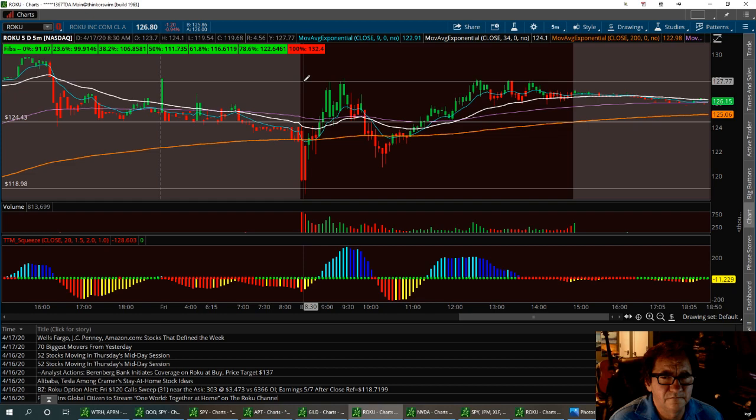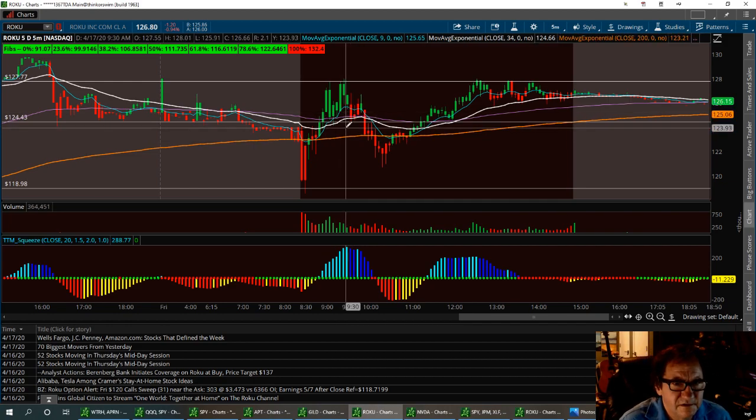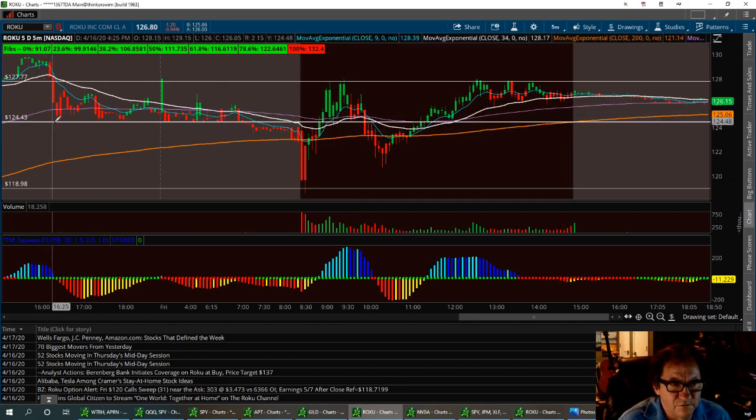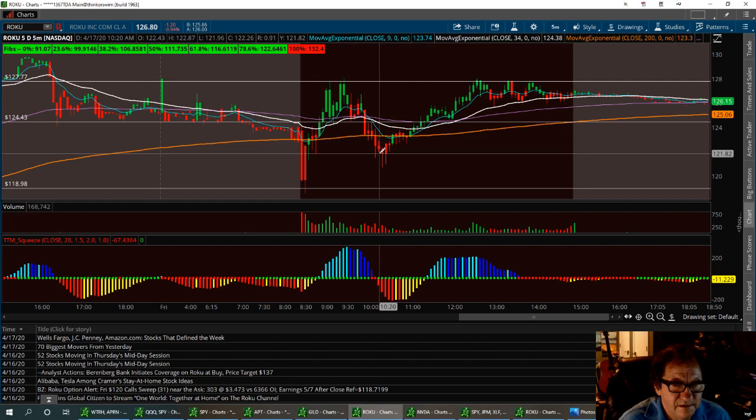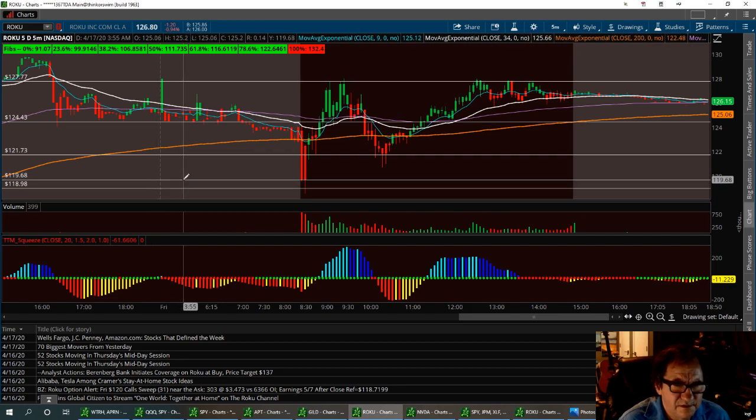I'll put it right there, 127.77. It's going to be a hard resistance. Support level is going to be right down here at 124.43. Then we got a second support right here at 121.73, and this 119.68's got to hold. So anything below this, it might fail and go down farther.